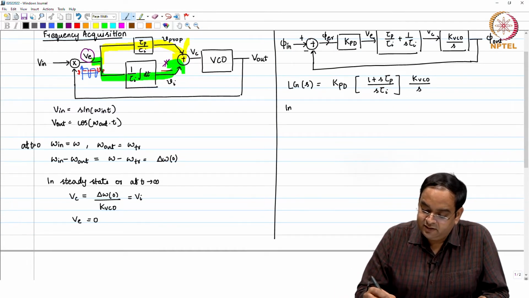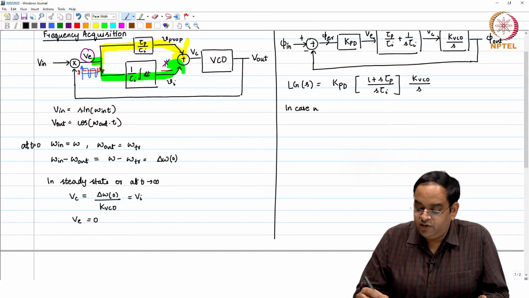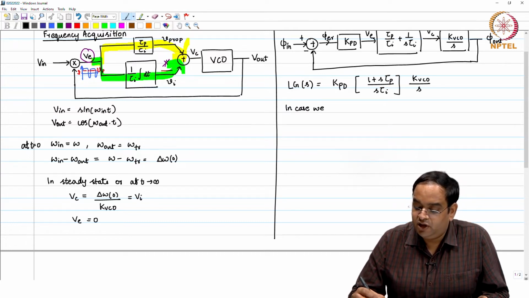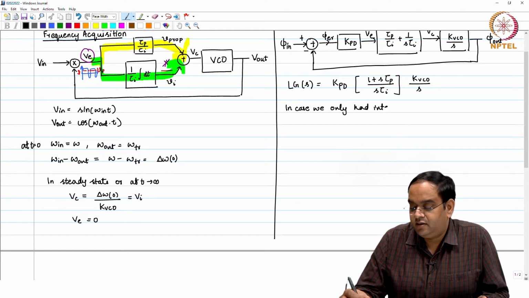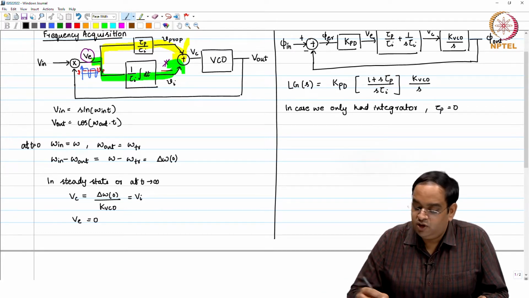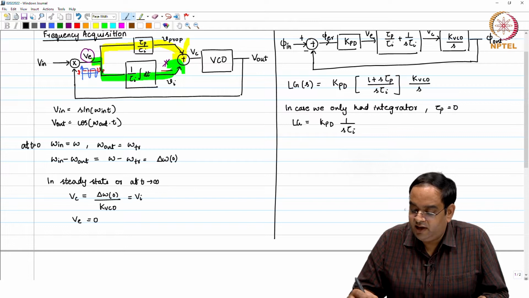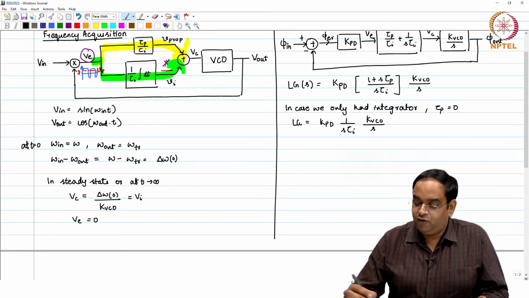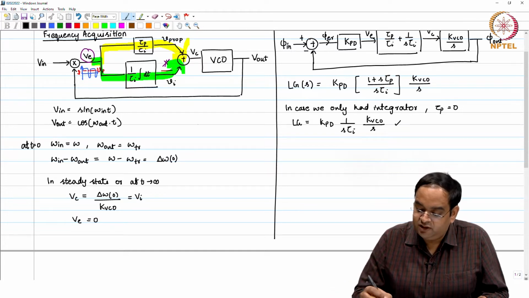In case we only had an integrator, which in turn means tau p is equal to 0, our loop gain would have been KPD times 1 over s tau I and k VCO over s. For this particular loop gain, let me call this loop gain 1 and this one loop gain 2.